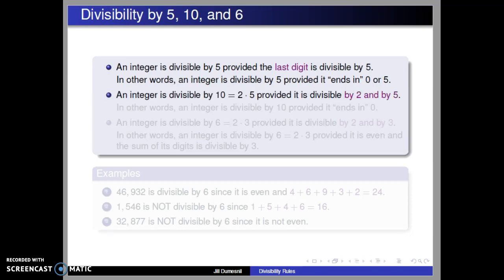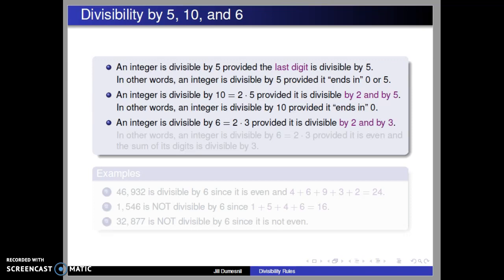An integer is divisible by 10 provided it is divisible by 2 and by 5. Note that 10 is a product of the primes 2 and 5. To be divisible by 10, a number must be even and end in 0 or 5. Therefore, it must end in 0.